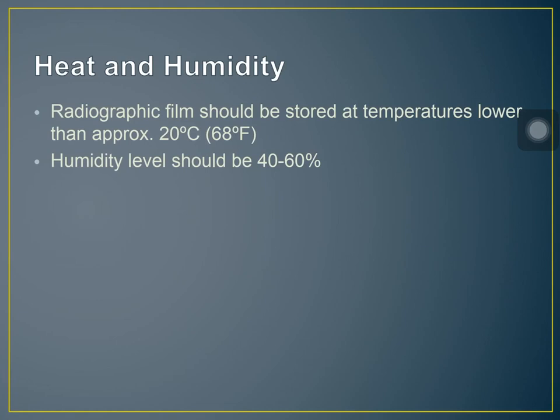Magkakaroon ng heat fog. Again, fog gives an added density, and that density is unwanted on our radiograph. Once na magkaroon ng heat fog ang ating film, kapag dinevelop, mababawasan ang contrast. It will reduce the contrast.